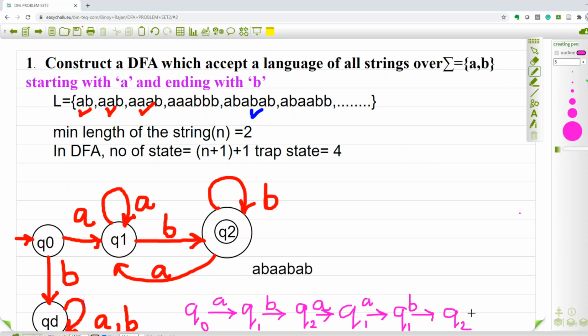And Q2 with A transition, I'm in Q1. And from Q1 with B, I reached Q2.